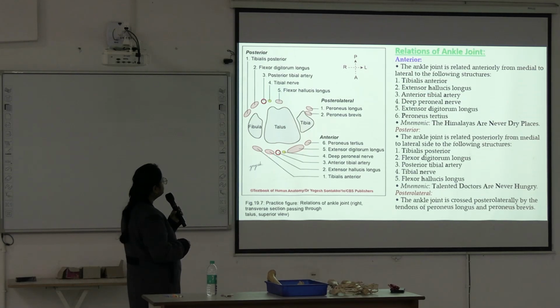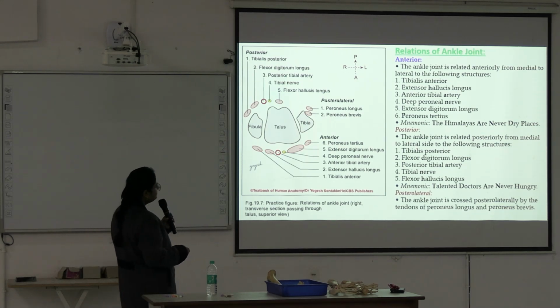Then the anterior tibial artery and deep peroneal nerve, then extensor digitorum longus, and this is peroneus tertius. Actually this marking is wrong. This will be the tibia, this will be the fibula. Tibia lies medially, so here we are seeing the structures from medial to lateral.